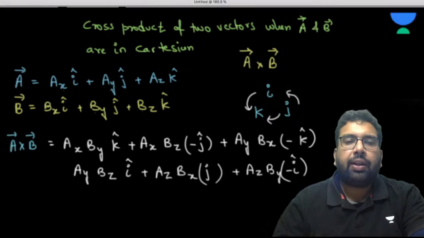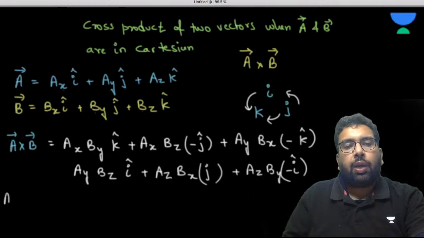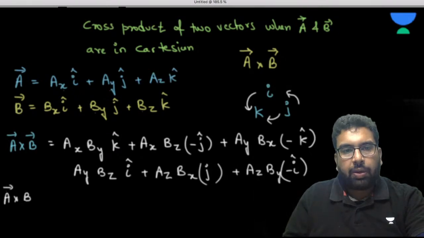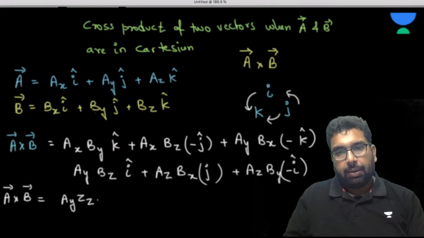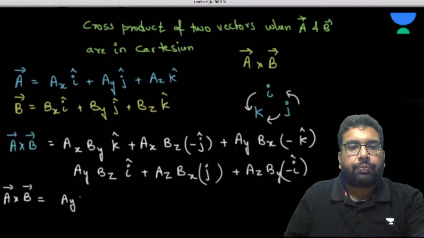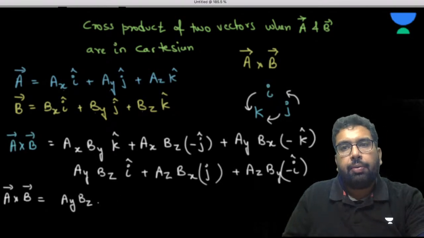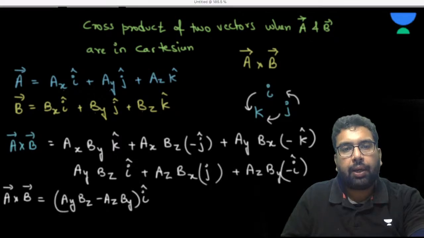Okay, now can I rearrange this like this? Now please observe if I am rearranging it. So now I can write A vector cross B vector. So I'll write i component together. So I'll be getting ay bz minus az by into i cap, right?